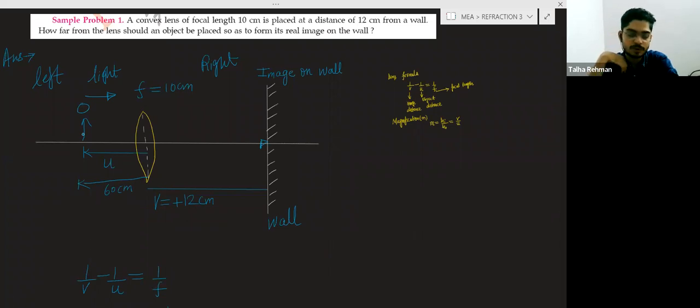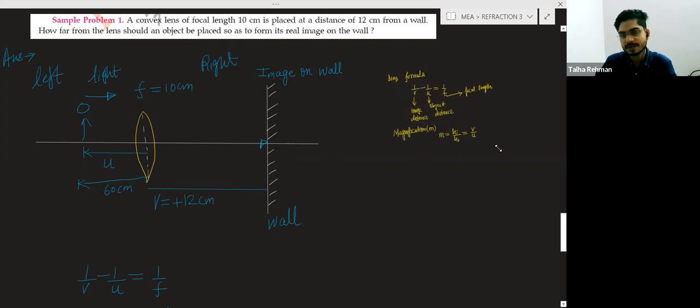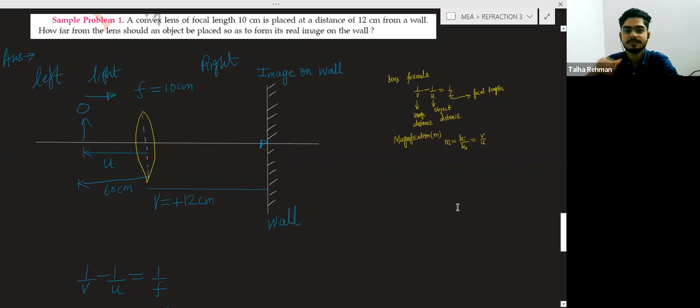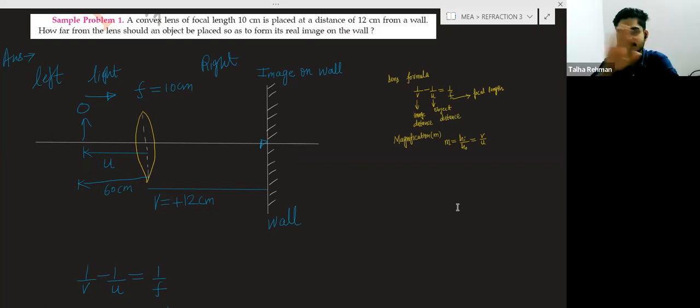There is no need to draw the diagram, but when you draw it, the chances are more that your answer will be correct, because everything will be clear. But this is not necessary. If you can imagine it in your mind, you can do without the diagram also.